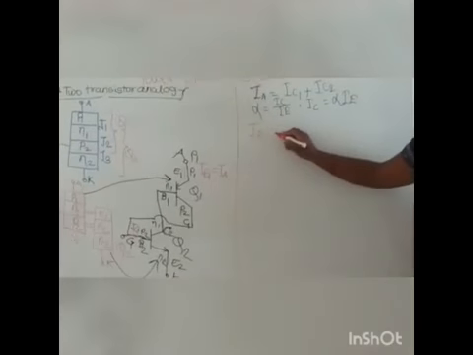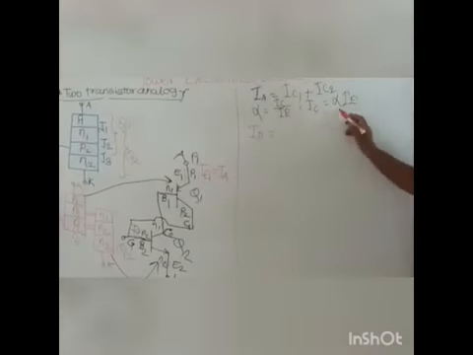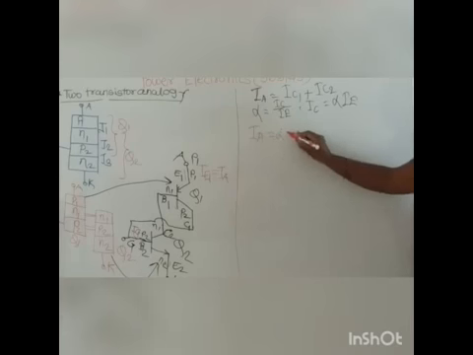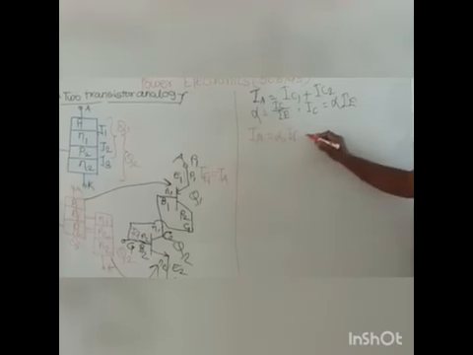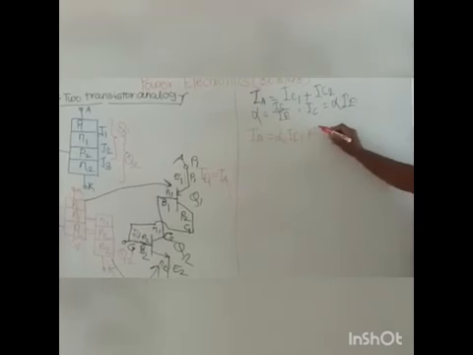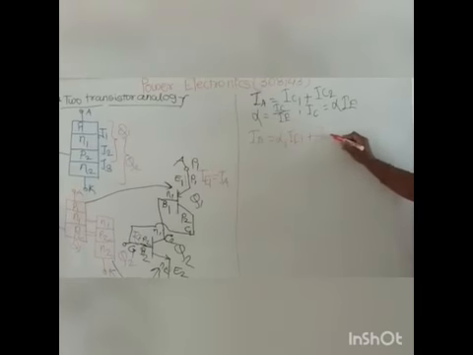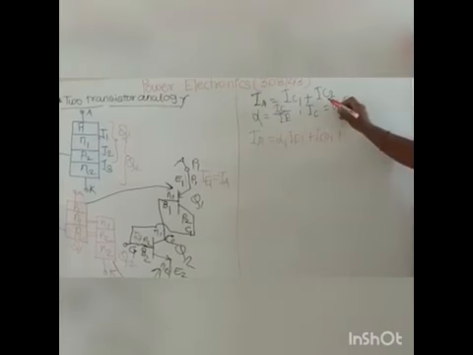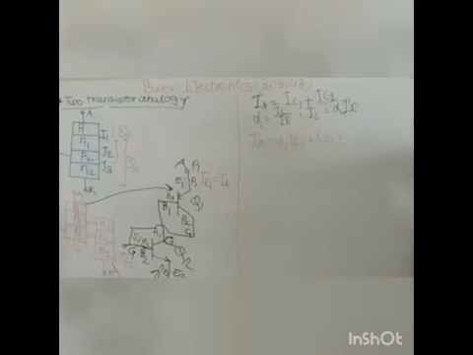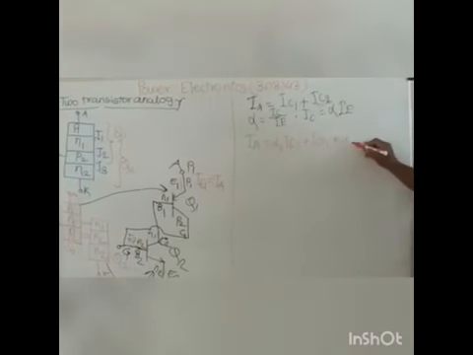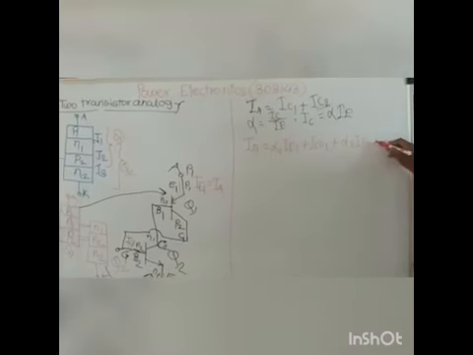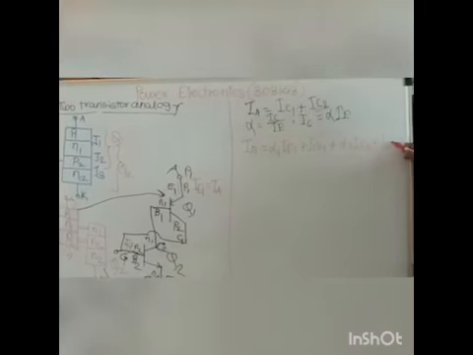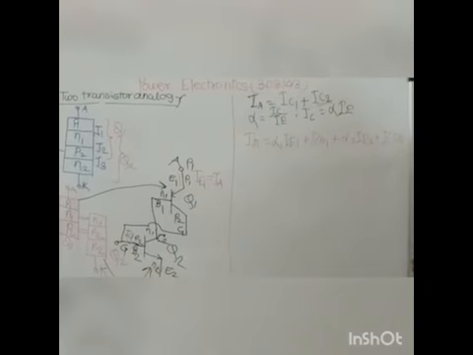IA is equal to IC1, which is nothing but alpha 1 IE1 plus leakage current ICO1, plus the equation for IC2, that is alpha 2 IE2 plus leakage current ICO2. This is the equation for anode current.